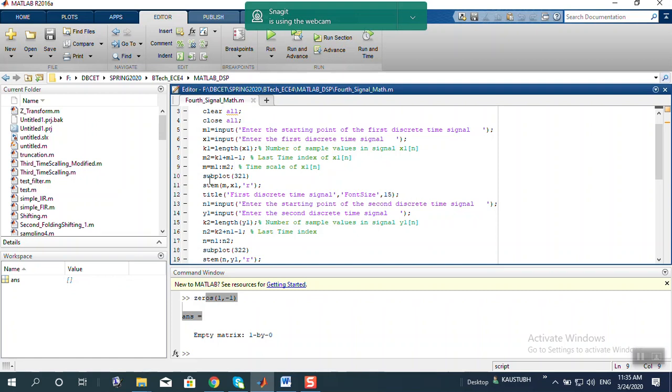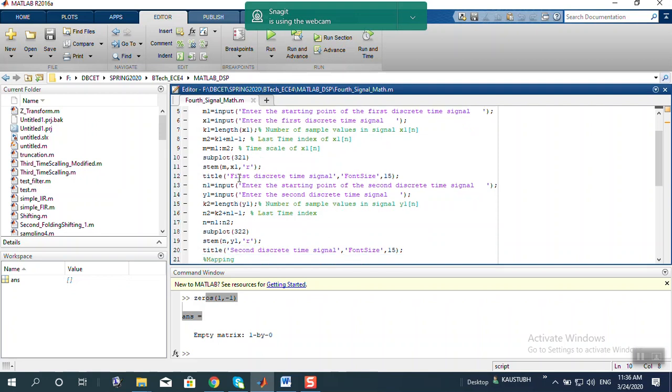We cannot make it 5, because subplot divides the window into a number of rows and columns, so it can't be 5 or 7; it will be 4, 6, 9, like that only. So we need to have 6 at least. So subplot 3, that is 3 rows, 2 columns. You can make 2, 3 also, 2 rows, 3 columns.